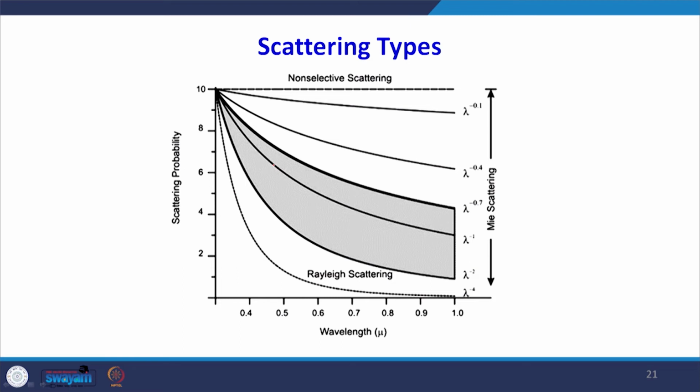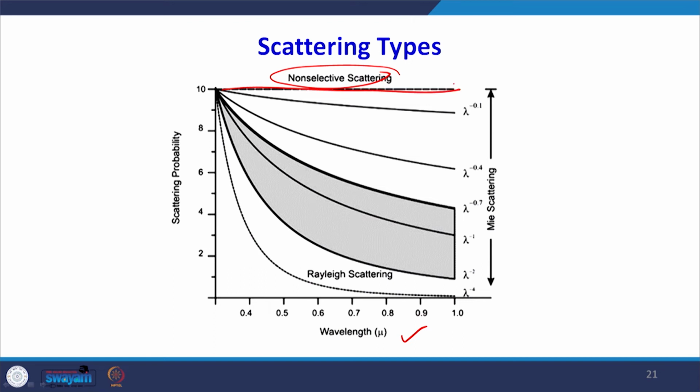This is a combined diagram which shows wavelength on the x axis and scattering probability on the y axis. It shows where the maximum scattering is taking place, which is the shadowed zone here, and below that is the Rayleigh scattering, and the horizontal line here is indicating the non-selective scattering.